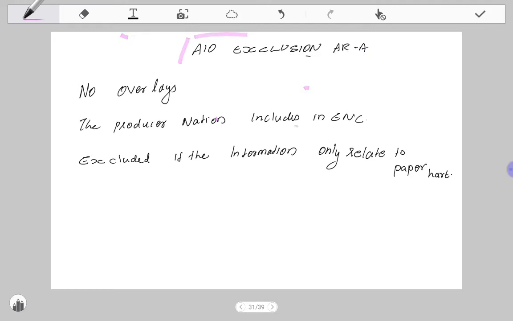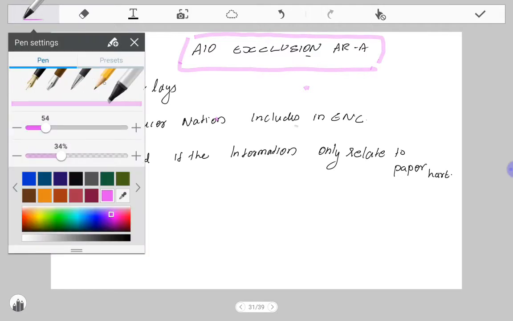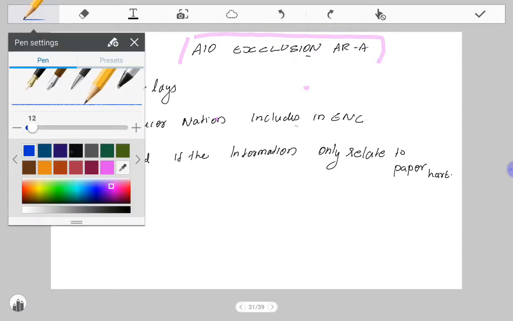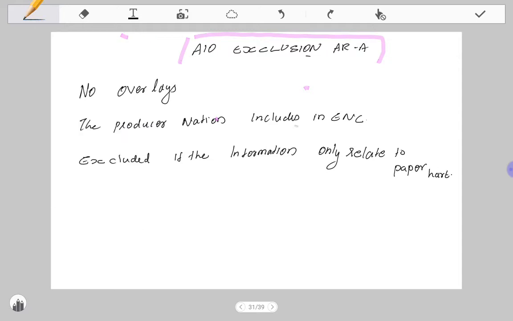So we know that TNP notices are worldwide, and similarly the AIO is also worldwide, but there are some places where AIO coverage is not available. Those areas are called no overlay areas.